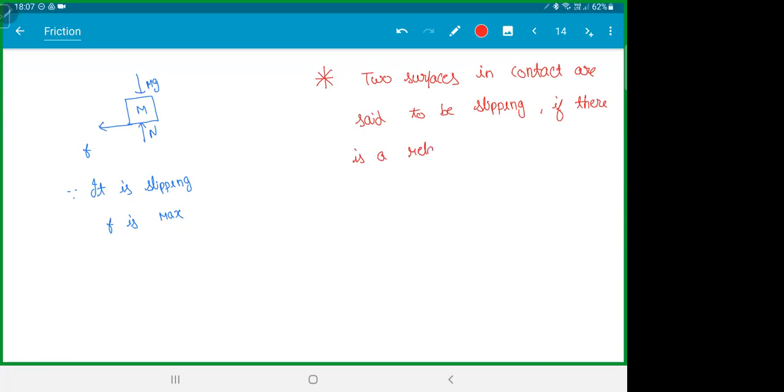Most people say slipping, slipping, but they really don't know what it means. They think slipping means the body is at rest. Example: take A here, going with 2 meter per second. Take B here, going with 2 meter per second. And let's say this is placed on the ground, which is at rest.